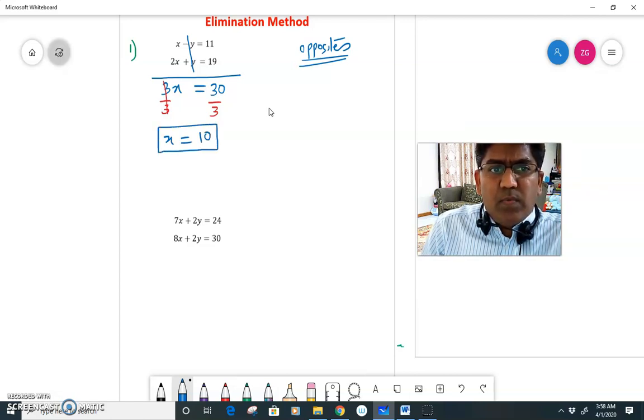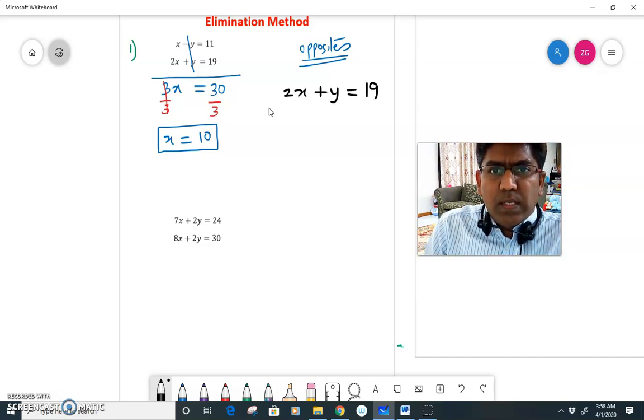Now to find the value of y, I can use any of the two equations. So I'll select the second one, 2x plus y equals 19. In place of x, I'll substitute the value of x, which is 10. So 2 times 10 plus y equals 19.